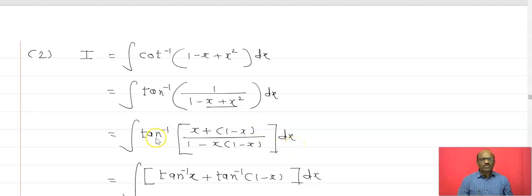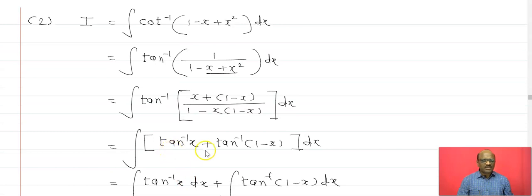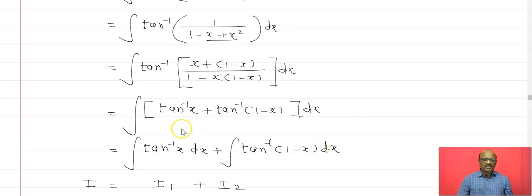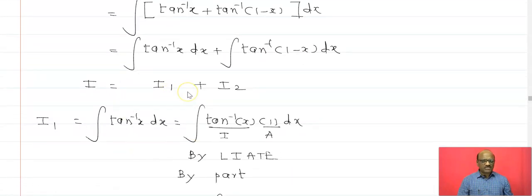Now apply the formula for tan inverse of (a plus b) upon (1 minus a into b). Then you will get the integral of (tan inverse of a plus tan inverse of b) dx. That is the integral of tan inverse of x plus the integral of tan inverse of (1 minus x) dx. That I is equal to I1 plus I2.